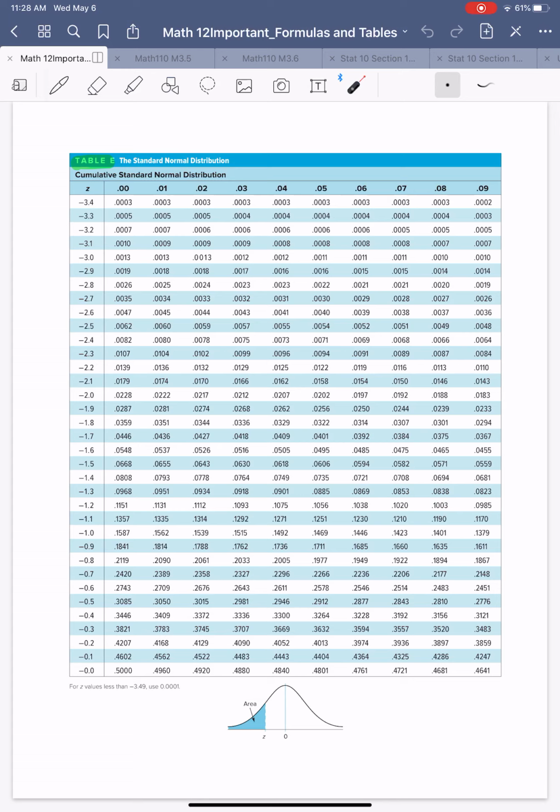So the z-score is going to be negative 1.28.